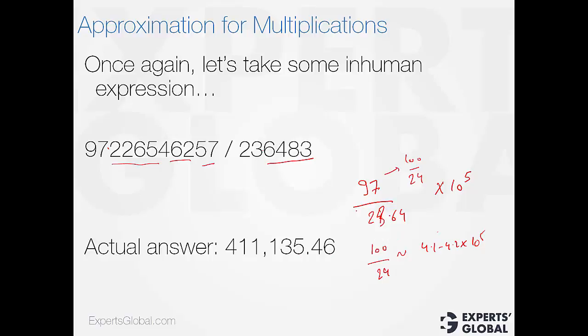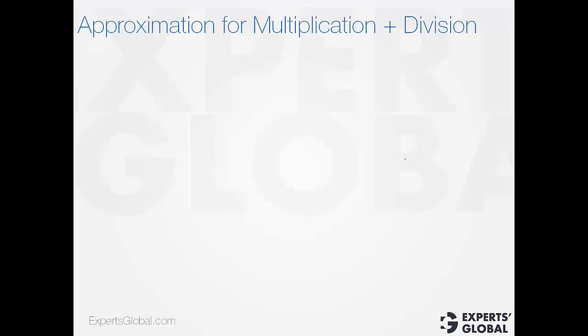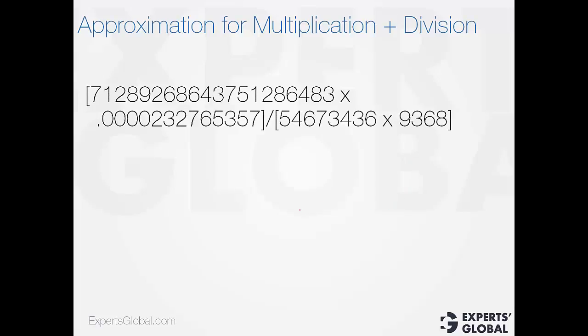So even if you don't apply the percentage concept that I'm suggesting, if you just keep rounding it off and find approximate answers, you won't be too far off ever. Let's take another example of approximation when multiplication as well as division is happening. You have some really big number here.